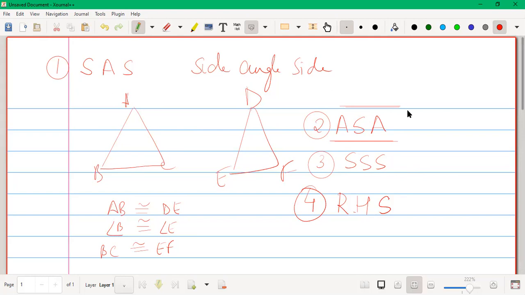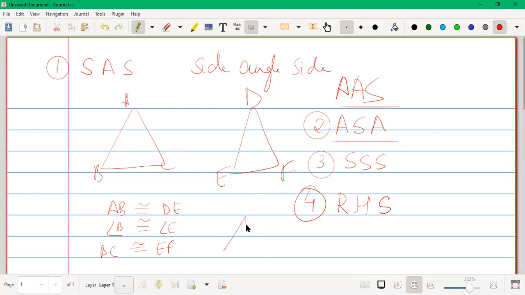How can you take two different angles and not the included side? For example, you can take ASA and AAS, sorry. Angle angle side. So you take two angles and one side. You can take corresponding any side of the other triangle.